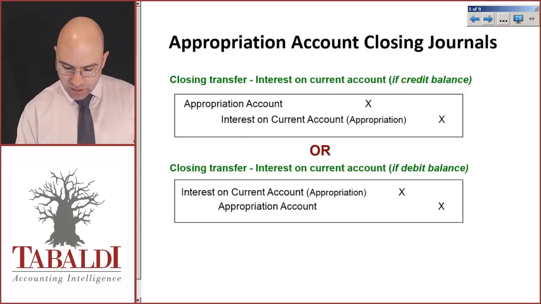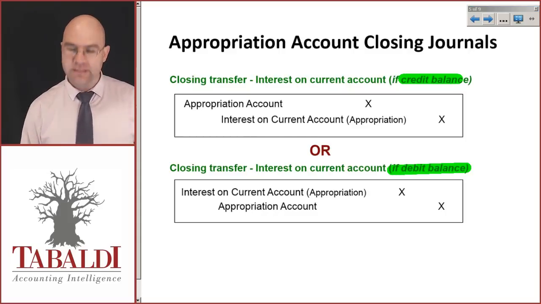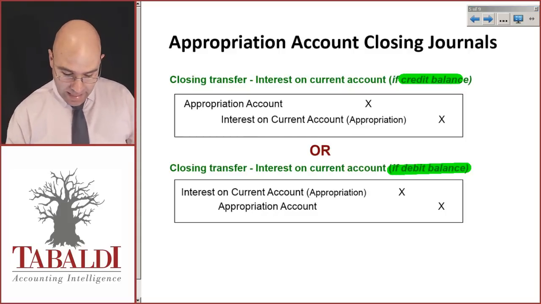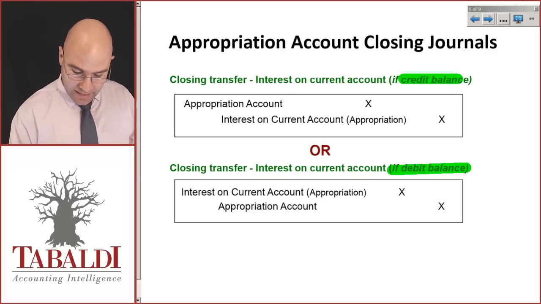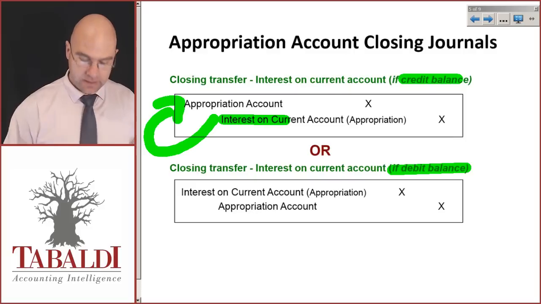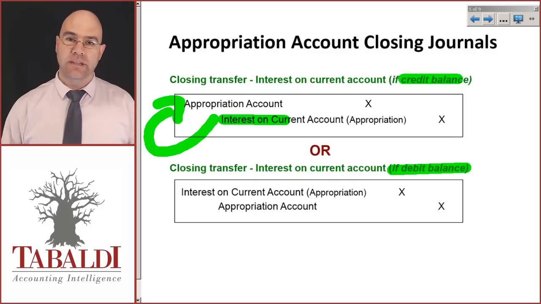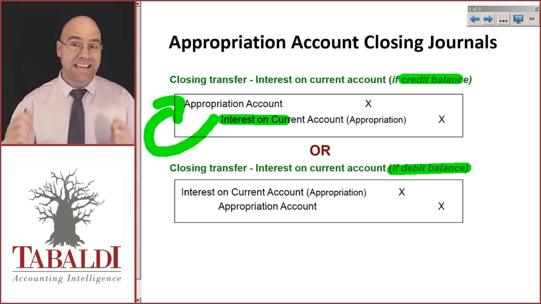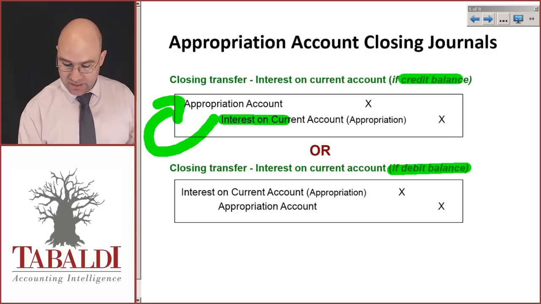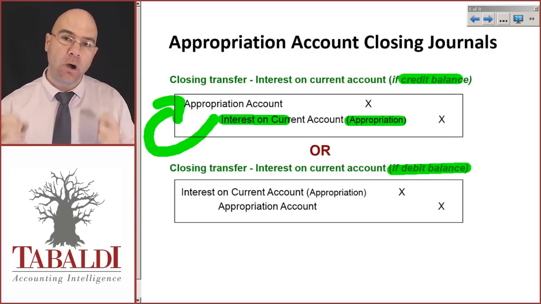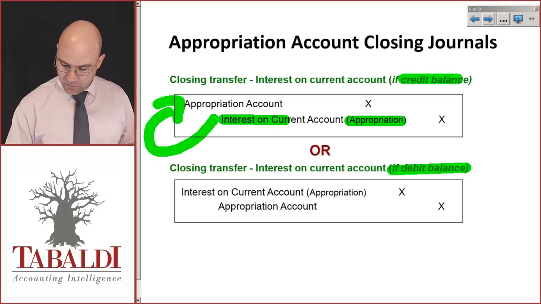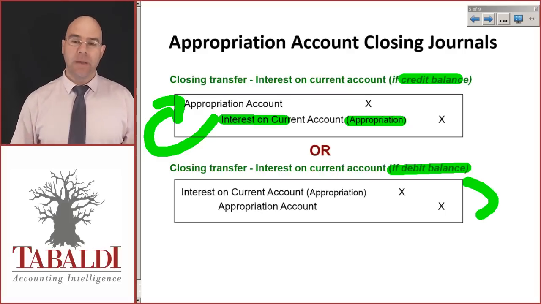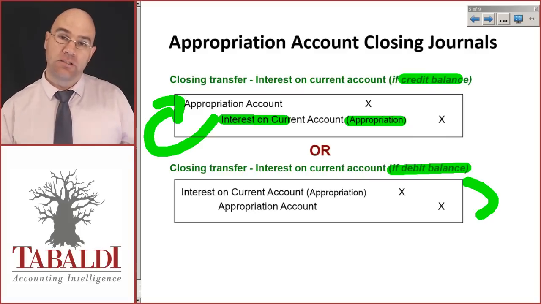The current account could have had a credit or a debit balance. Basically, whatever you had as interest, if you originally debited it, you are now crediting the interest account and putting it into the current account. Remember, this is not interest expense, right? This is interest in the appropriation account on a partner's current account. And if it was a debit balance, then we do it the other way around to clear it out.